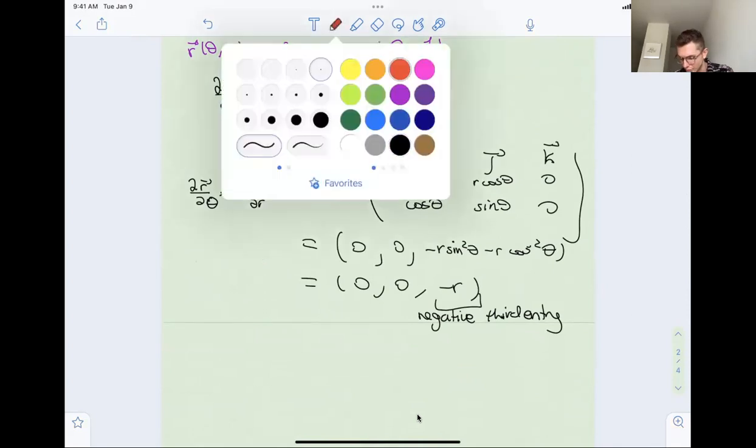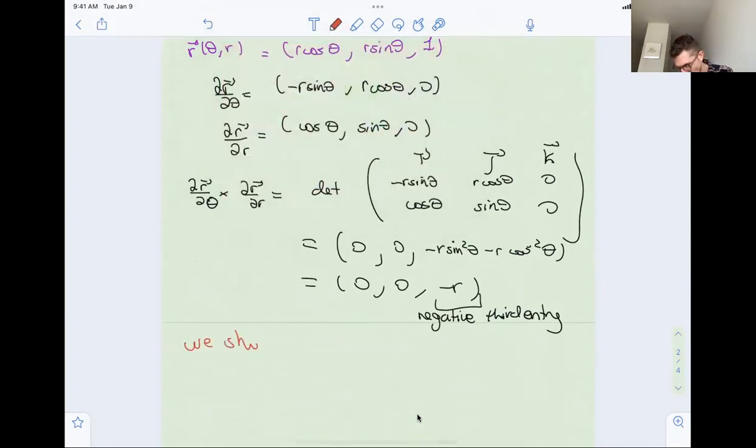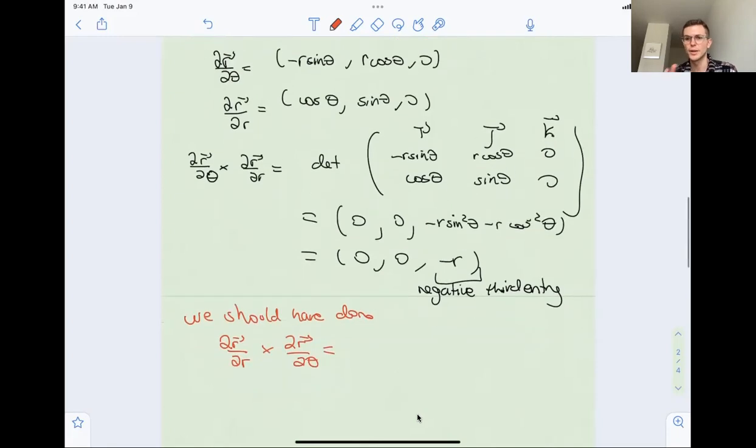And obviously you don't have to redo all of this, because remember, if you just switch the order of a cross product, you just get minus the other one. You just take it with the positive R.